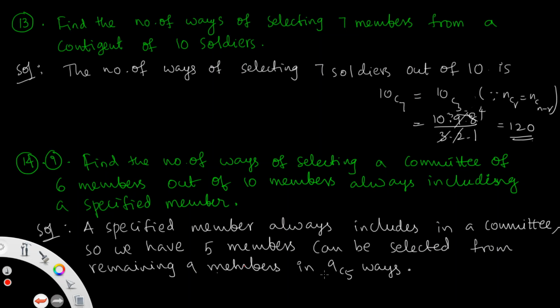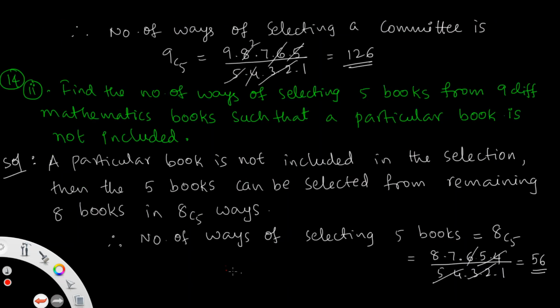So it is 9C5, which can be done in 9C5 ways. Calculating, we get 126 ways.